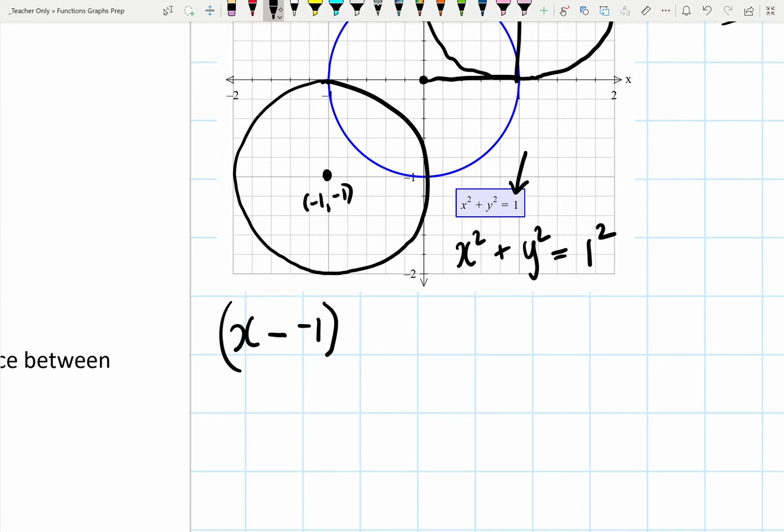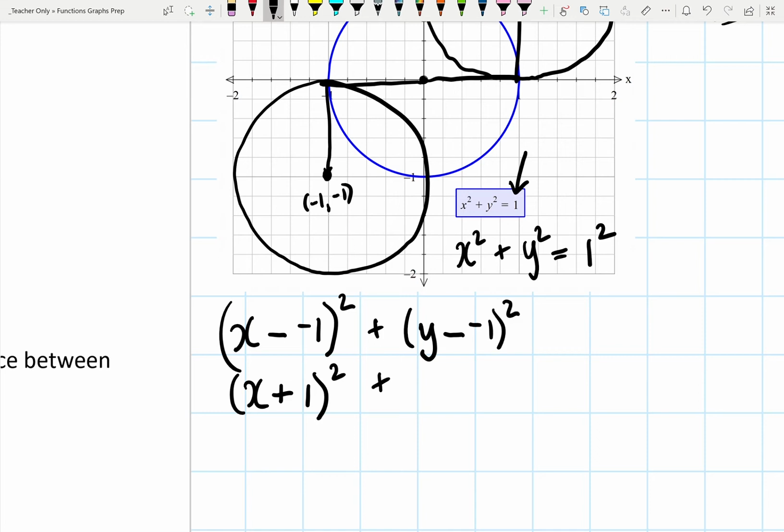You can think of it like that, all squared, or you can simply think of it as a translation to the left means plus 1, all squared, plus, and our y is translated down, so it's going to be y minus negative 1 squared, which is y plus 1 squared, and that equals 1 squared, the radius.